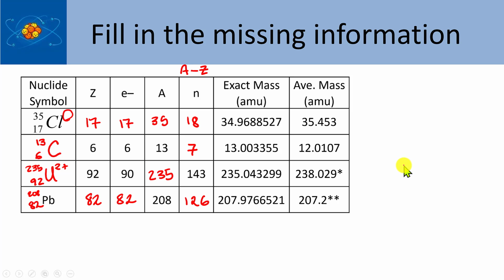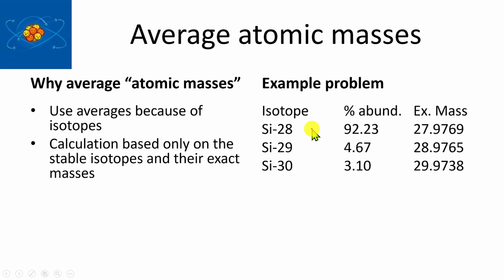So how do we calculate average atomic mass? I'm going to show you how this is done. First of all, we use averages because every sample that you pull of an element on Earth, in a compound or pure, is made up of different isotopes, each of which has a different mass.